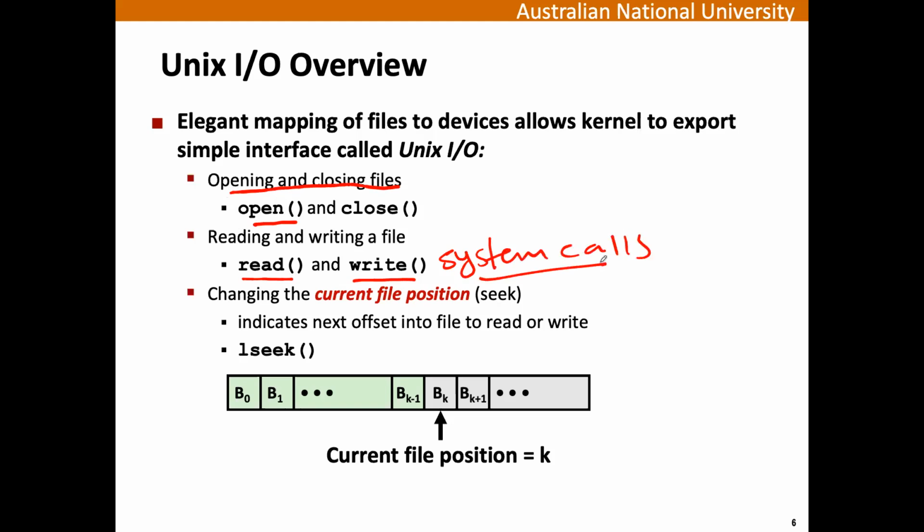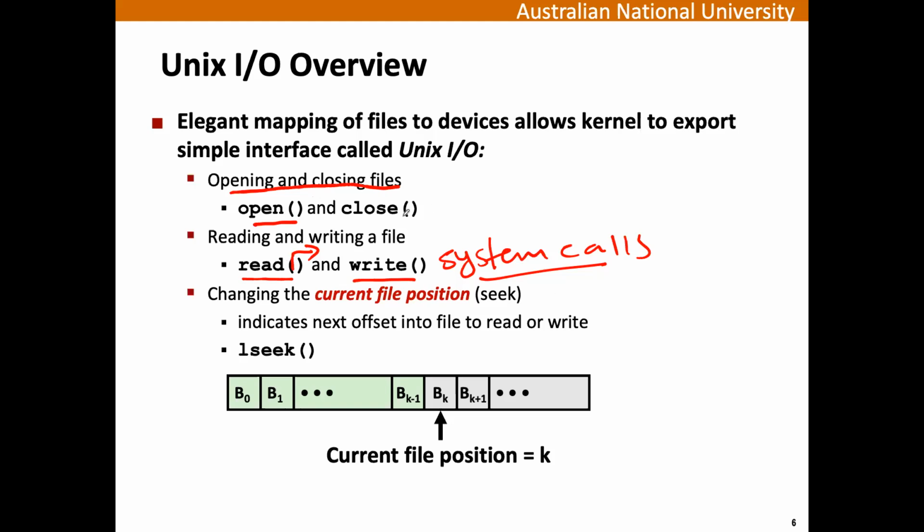So every time you issue a read from the user level program using the system call read, there's a trap into the kernel, and the arguments, which we'll look at shortly, tell the kernel what kind of read that is, which file, how much data to move from the file on disk to memory.